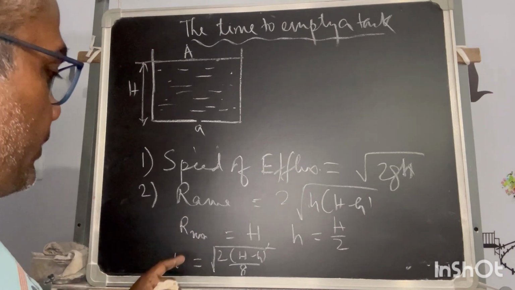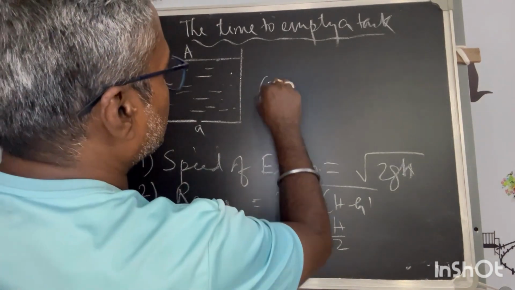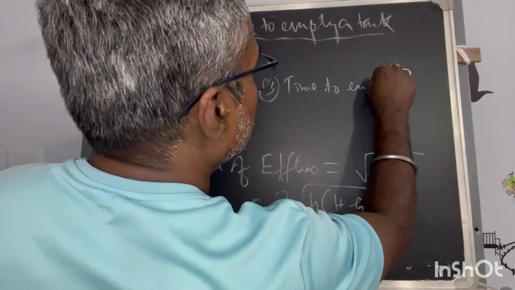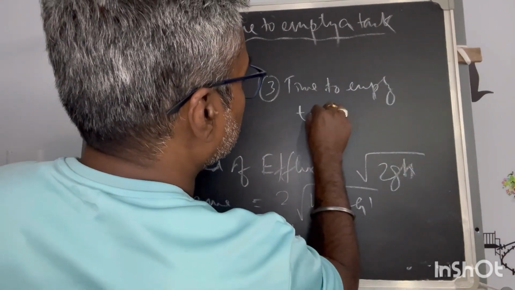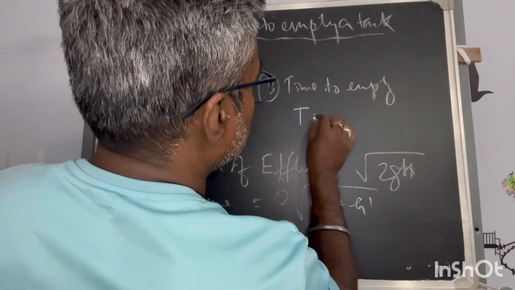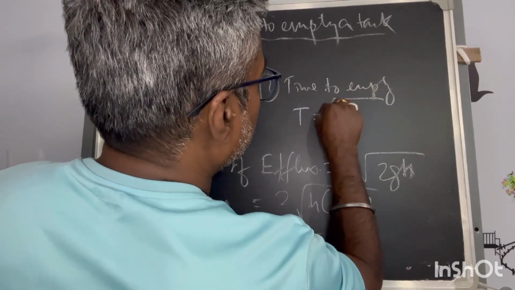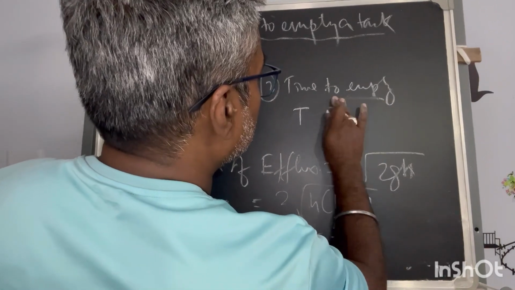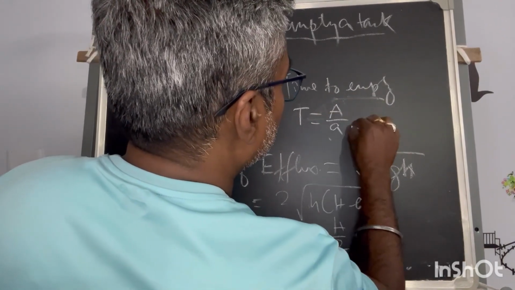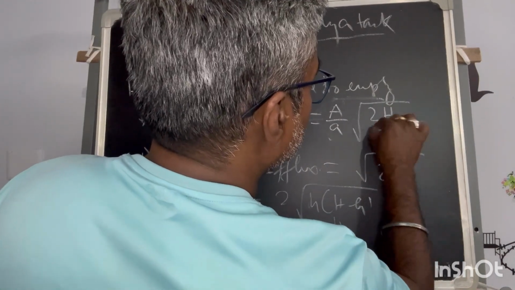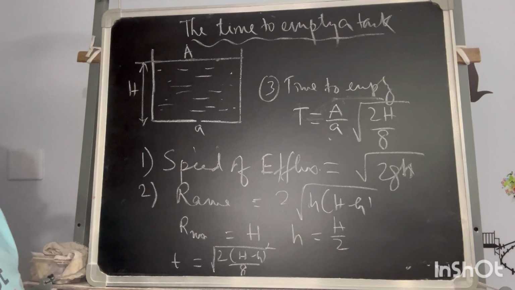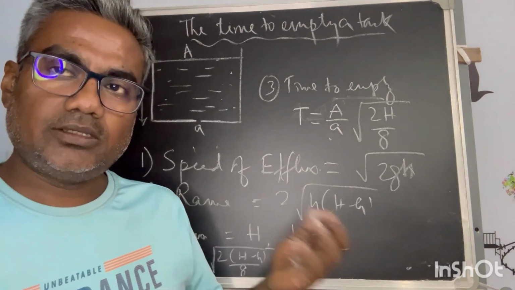Range, time, and the third thing, the time to empty, small t, capital T we will take to distinguish. This was equal to capital A by small a under root of 2H by g. So these are the things we have learned. On that basis we will solve some problems in the next episode.